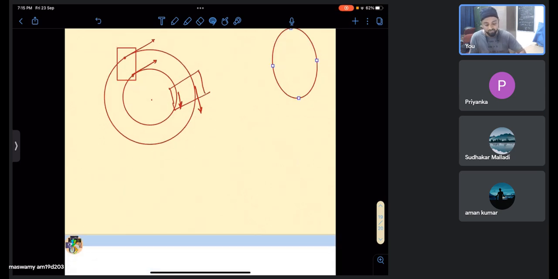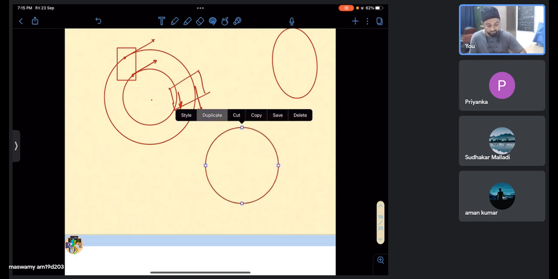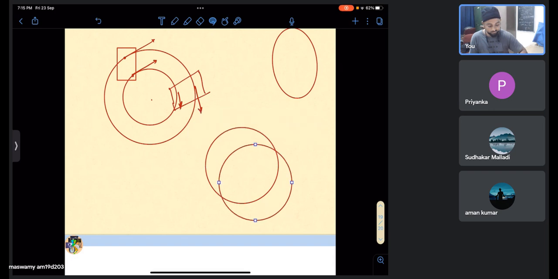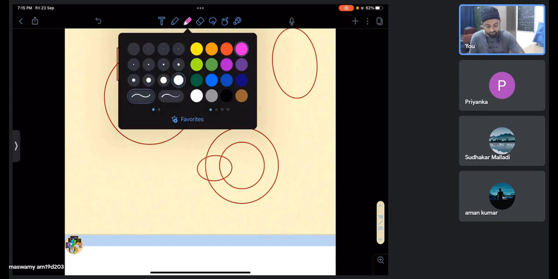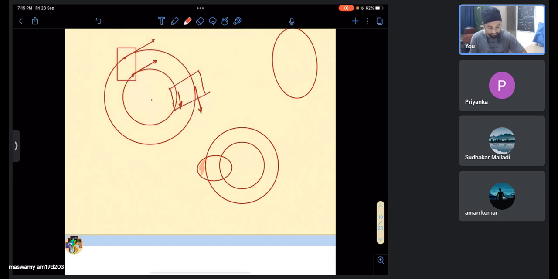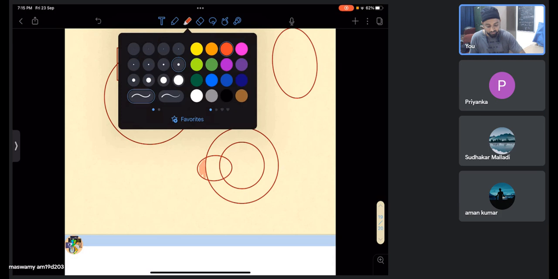The question which was asked in the tutorial, in the assignment, it is two concentric circles. Okay, these are two concentric circles, and I suppose there was a disk here, something like that, right? So let me color this portion red, and let me color this green.